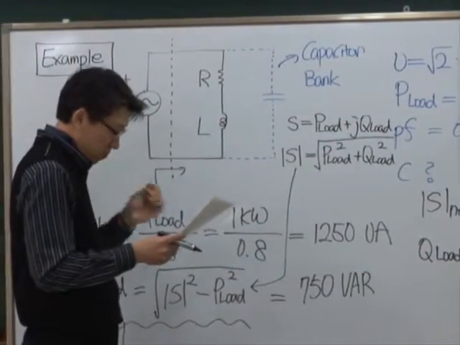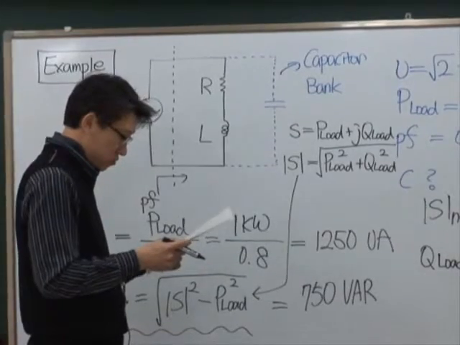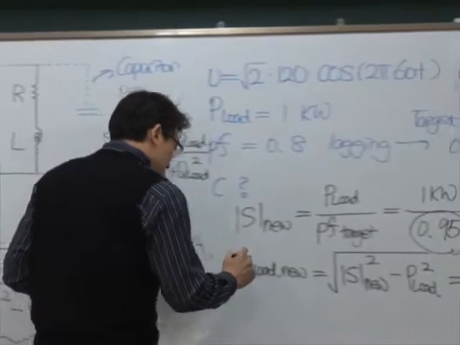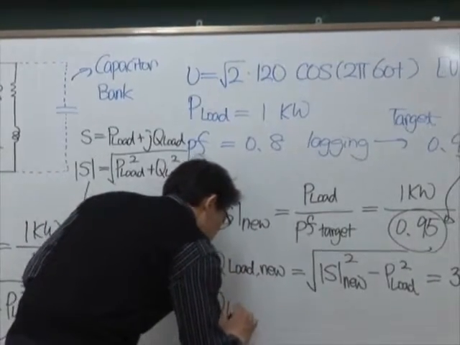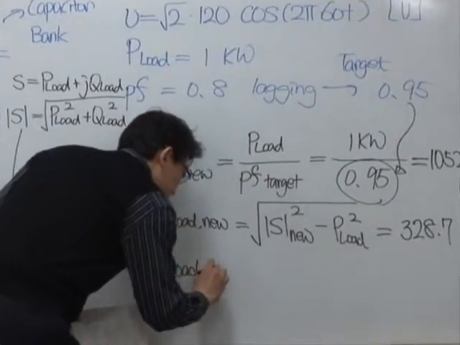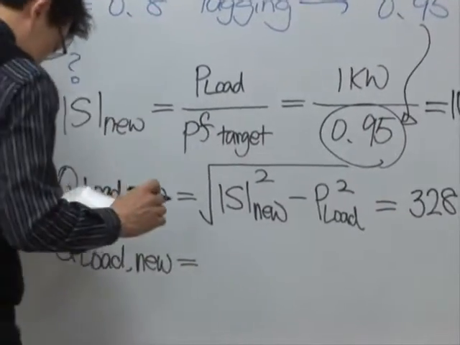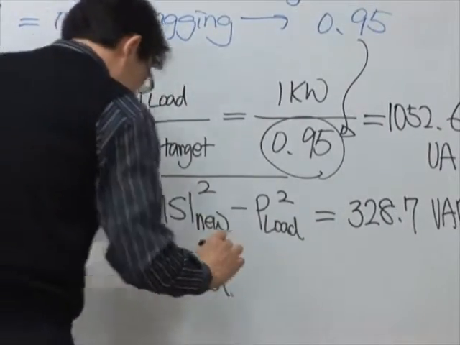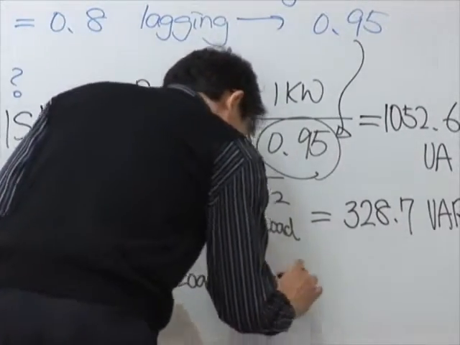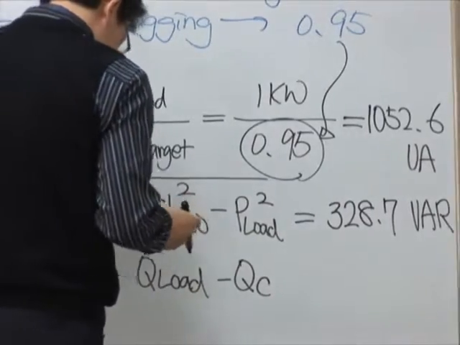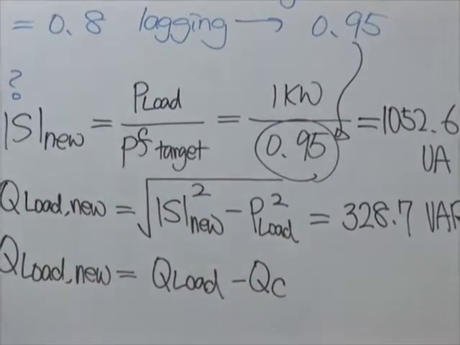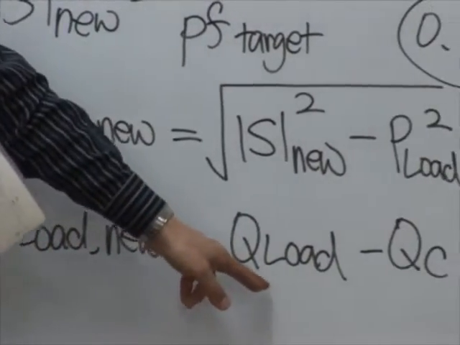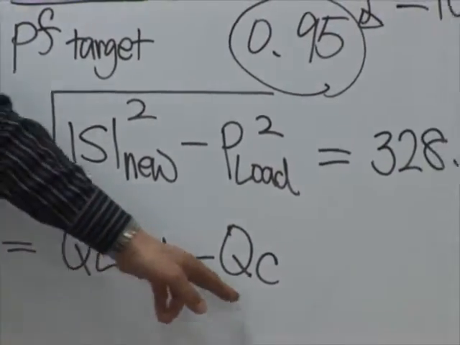Okay? So this is also the same as, so new reactive power is now the sum of the old Q load minus QC.